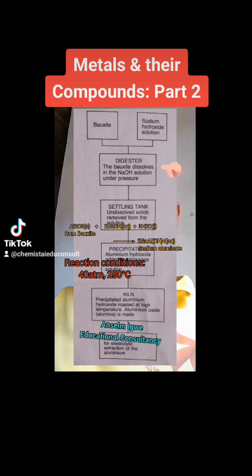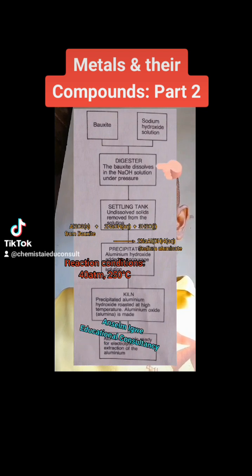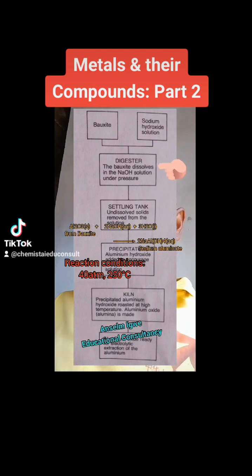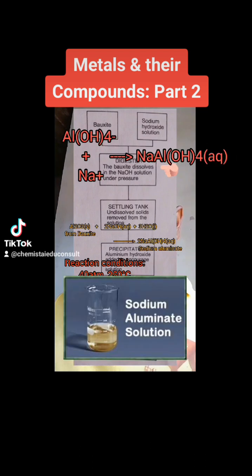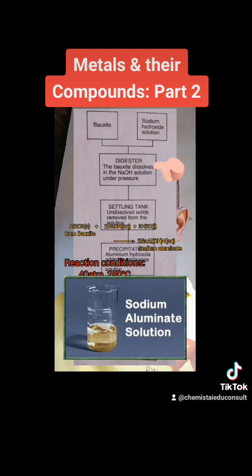Remember this happens at about 40 atmosphere of pressure and 250 degrees Celsius. So when this mixture is established, we get what is called aluminate ion. Aluminate ion we now quickly integrate with sodium ion to form sodium aluminate, which is the soluble component of the mixture. The reaction that produces it is displayed on the screen.